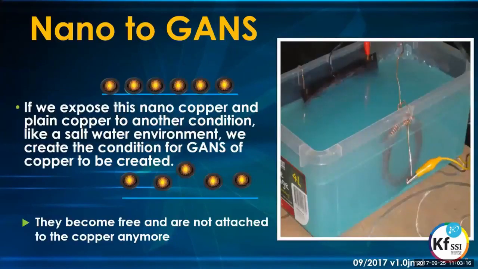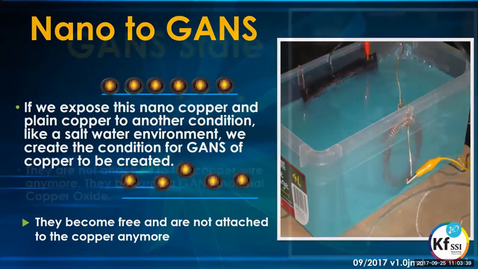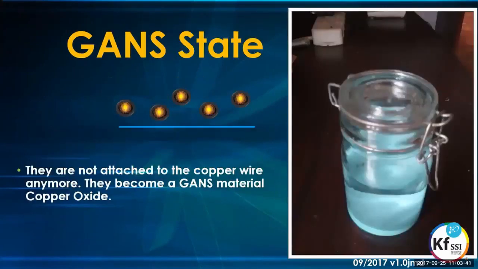If we expose this nano copper and plain copper to another condition, like a saltwater environment, we create the condition for the GANS of copper to be created. These GANSes become free and are not attached to the copper anymore, and they become a GANS material, being copper oxide.